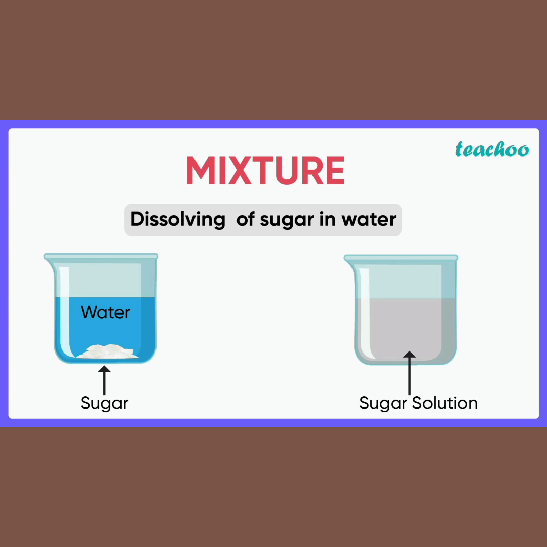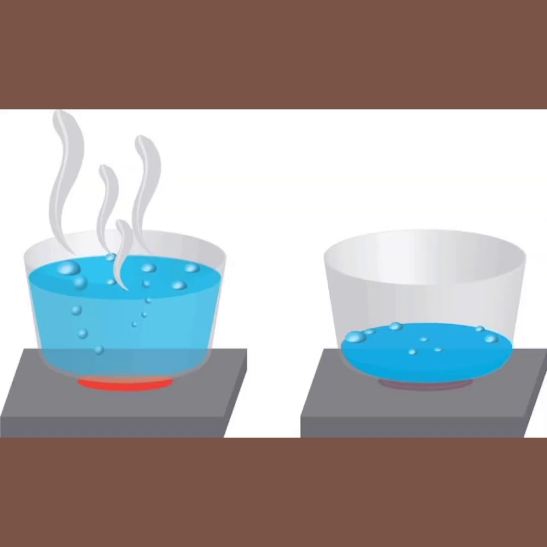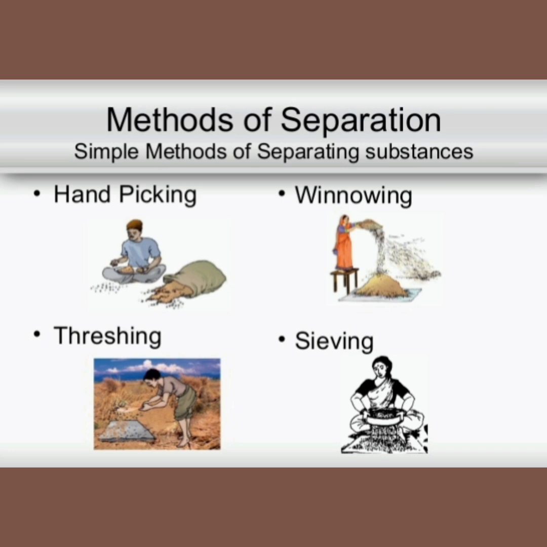And unlike compounds, mixtures do not have a fixed ratio. These components can be separated by physical methods, like filtration, evaporation, distillation, or even handpicking. Imagine soil: using a sand sieve to remove stones or heavier particles. All these can be separated physically.